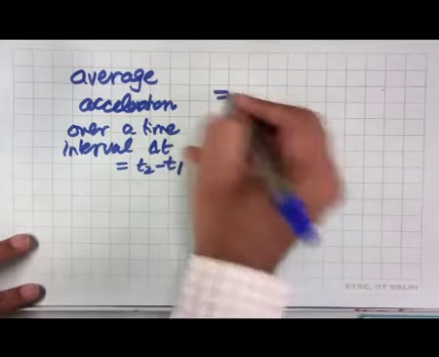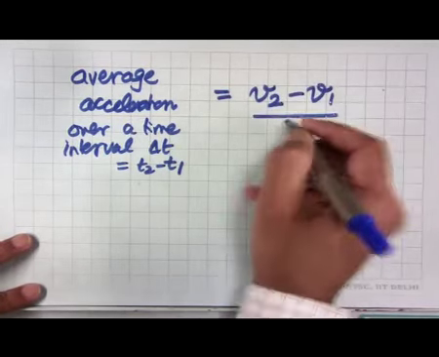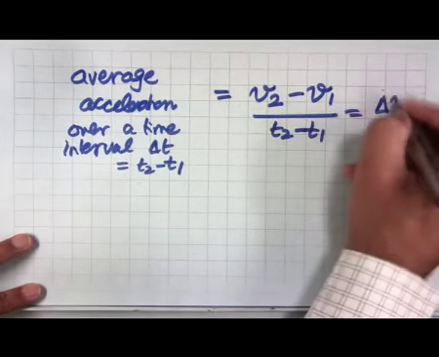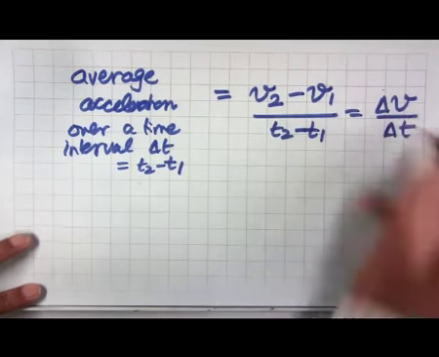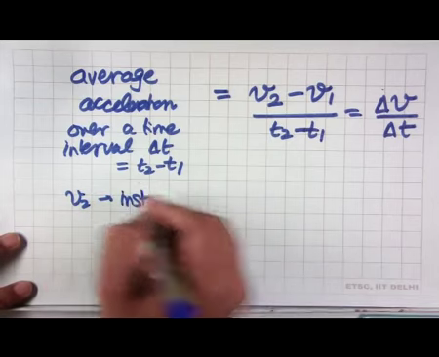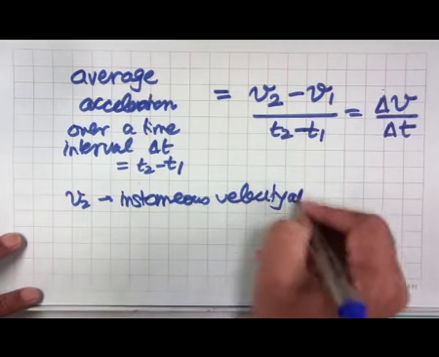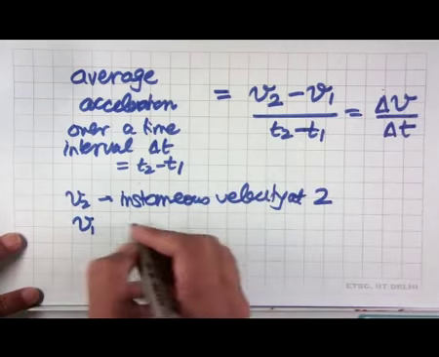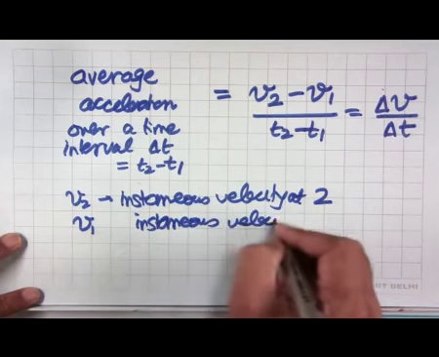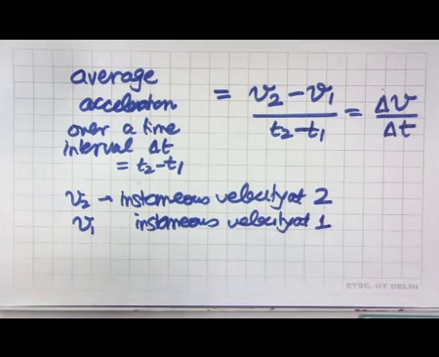This average acceleration will be equal to v2 minus v1 divided by t2 minus t1, and this one can write as delta v over delta t, where v2 is the instantaneous velocity at 2 and v1 is the instantaneous velocity at 1. So, this is how we define average acceleration.